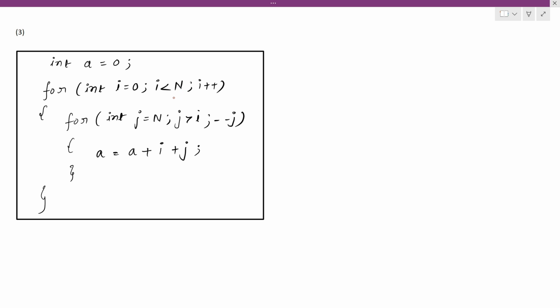Okay, so talking about this question, you can clearly see the first for loop is running from 0 to n, and the second for loop is running from n and it is something greater than i and it's getting decremented. So basically whenever you are given these kind of code snippets, the first thing is you need to write down the variables present in the for loop.